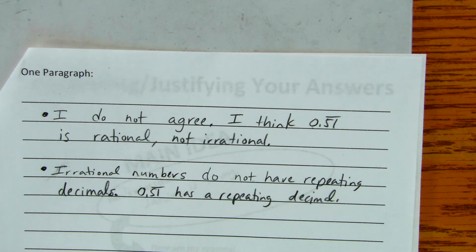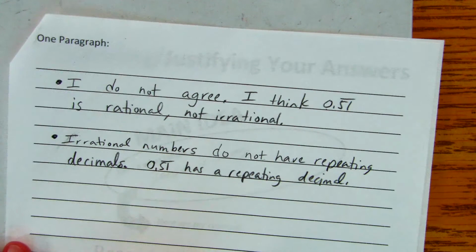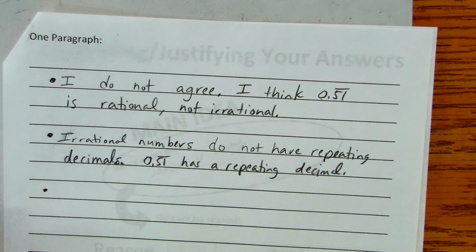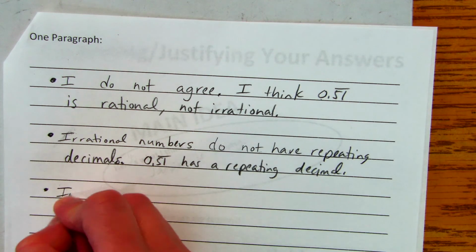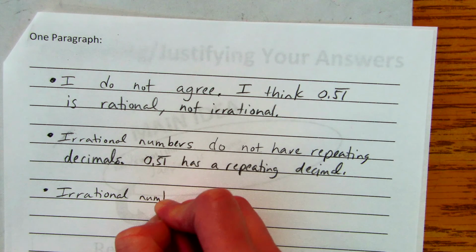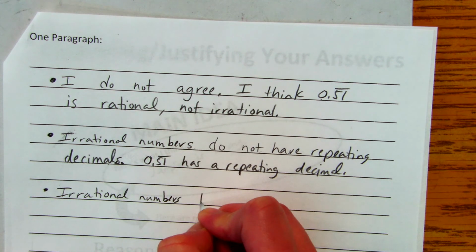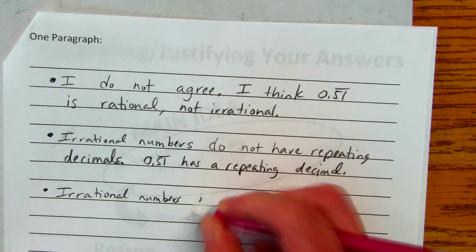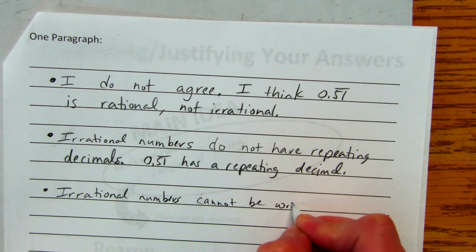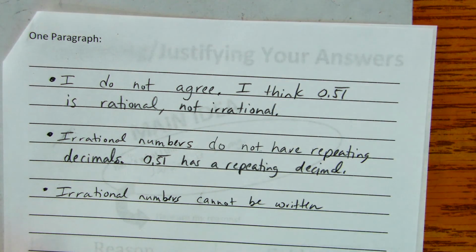If we're thinking about being thorough, though, you could also go back to that definition and do one more little bullet point. This really isn't like a huge paragraph. It's just little quick things. You could also just say irrational numbers cannot be written, and then it doesn't actually say as a fraction in our definition.